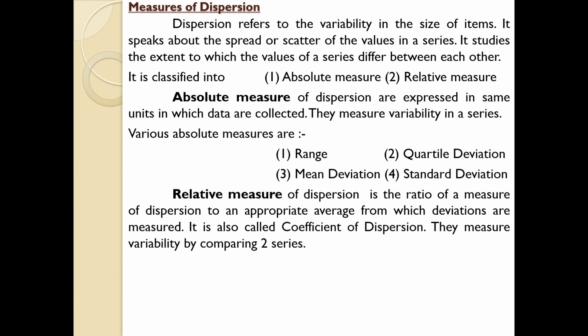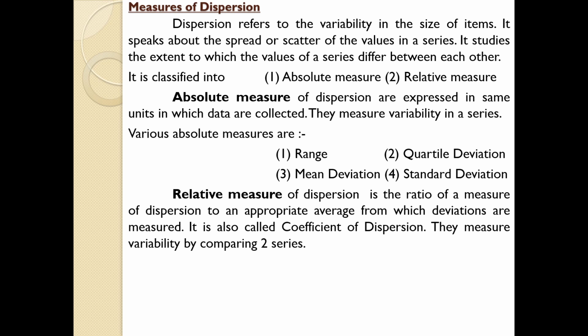That is, in relative measure, it studies the variability between two different groups. Two different groups means, for example, if you are given the height details of two sets of students, in such a situation the variation between the individual items of these two groups can be analyzed using a relative measure.